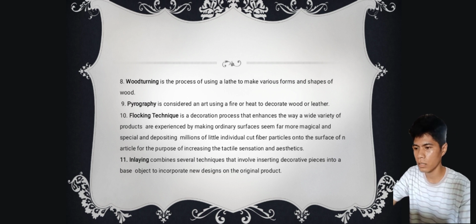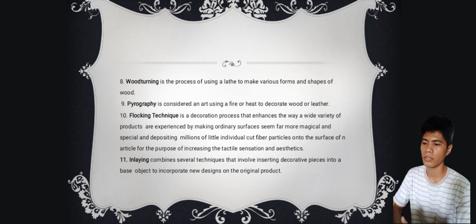So in the flocking technique, the process is spraying tiny fibrous particles onto an adhesive-coated surface. Imagine spraying velvet. This is a great medium for sprucing up the inside of jewelry boxes and decoration or signage. That is flocking.